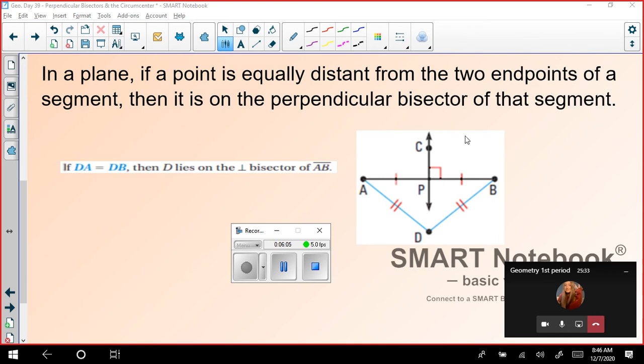Okay. If I have a point D such that it is equally distant from the two endpoints of the segment, then it will lie on the perpendicular bisector. If DA equals DB, then D lies on the perpendicular bisector of AB. This is your converse.